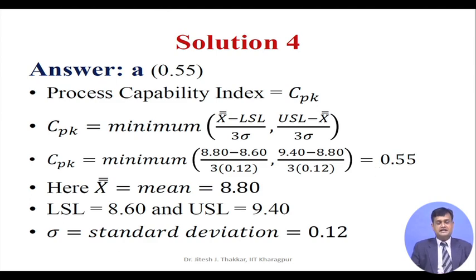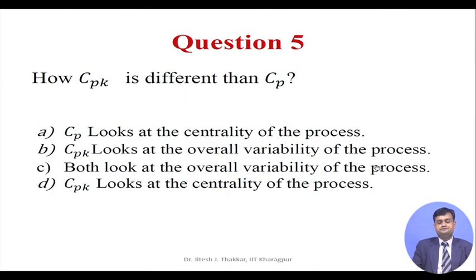Process capability index is equal to CPK, and you have studied the expression of CPK as minimum of x double bar minus LSL divided by 3 sigma, or USL minus x double bar divided by 3 sigma. If you substitute the values, you will find that the minimum is 0.55, and hence your answer A is correct.